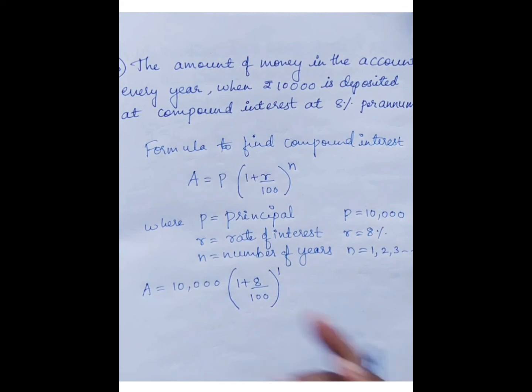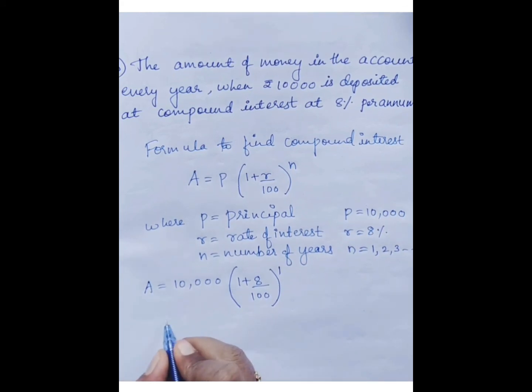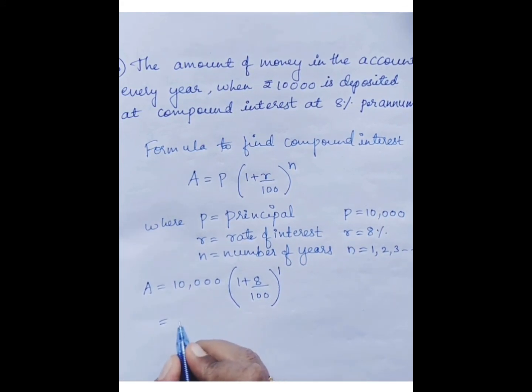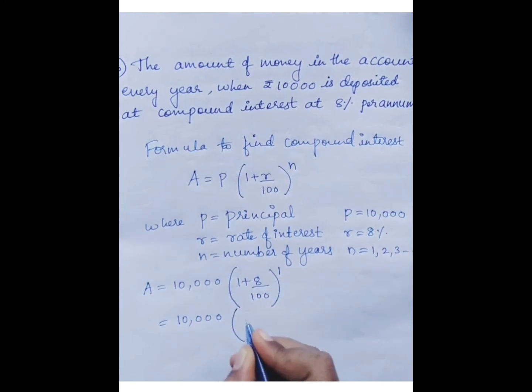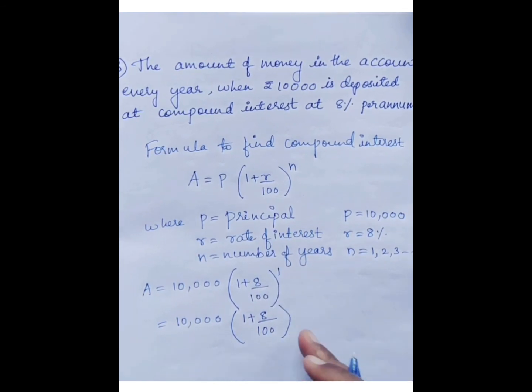Now for the second year, you write 10,000, P as it is, 1 plus 8 by 100 as it is, and N is 2.